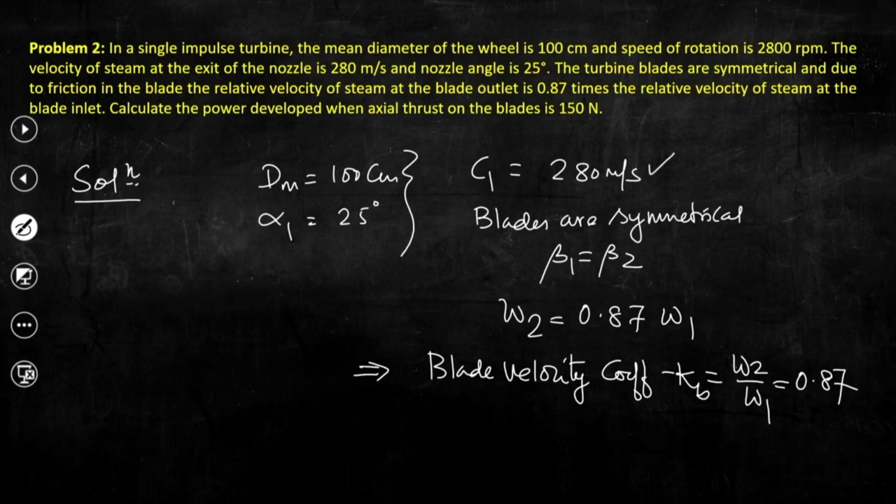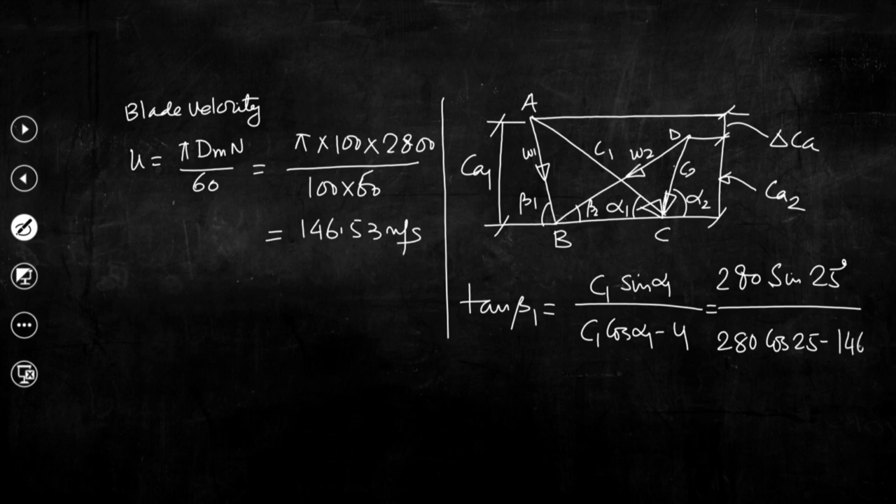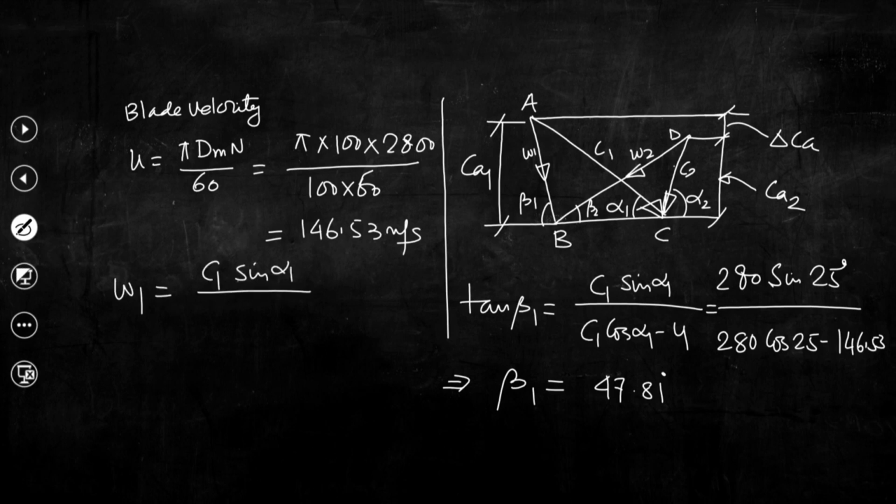So, if we calculate, that is 280 into sin 25 divided by 280 cos 25 minus 146.53, and we get beta 1 equal to 47.81 degree. I am once again telling you, please check the numerical value, but the procedure is correct. So, this is beta 1. Once we have calculated beta 1, quickly we can calculate W1, because W1 equal to C1 sin alpha 1 divided by sin beta 1.